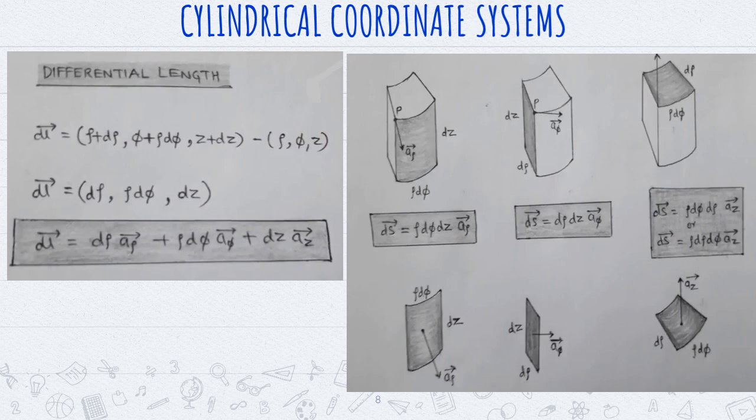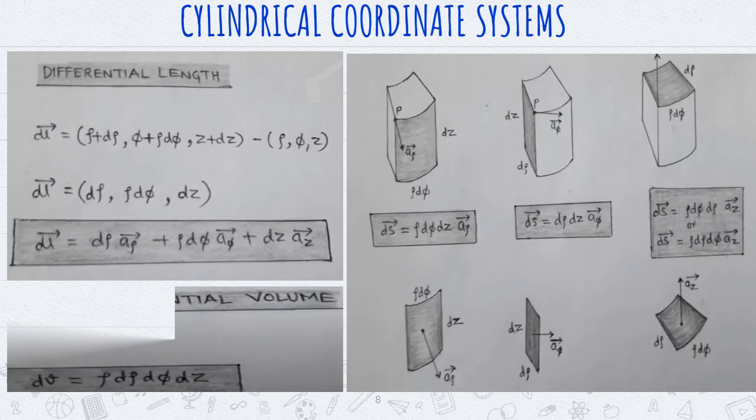Now the third formula is along the az direction. This az is perpendicular to both the d rho and rho d phi sides. Therefore, we can say the formula ds is equal to d rho into rho d phi into az vector. Next, we are going to see the differential volume.